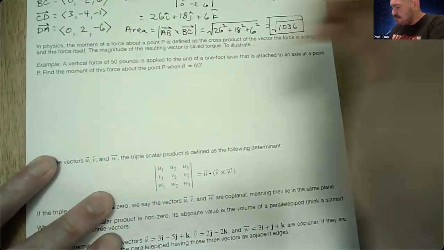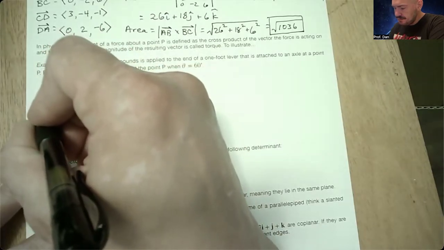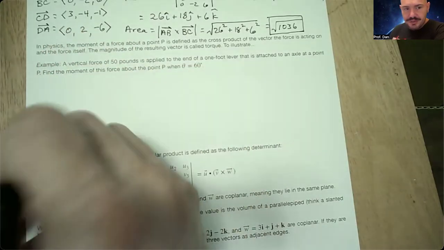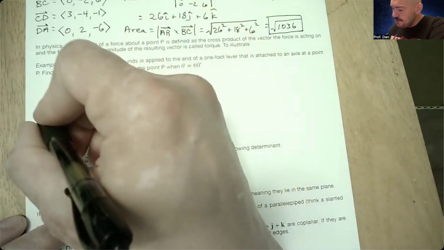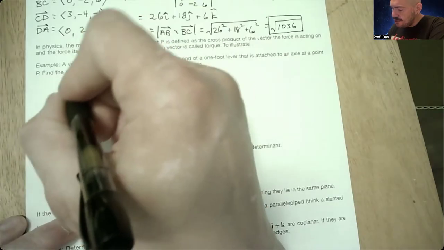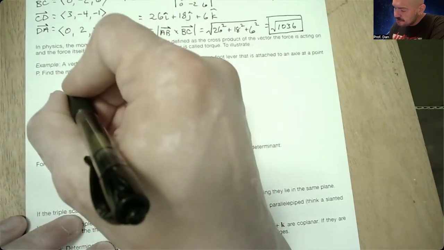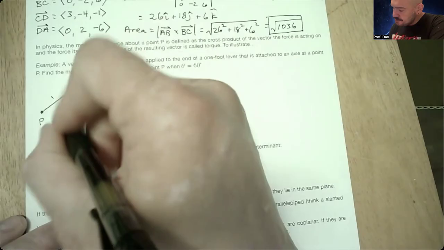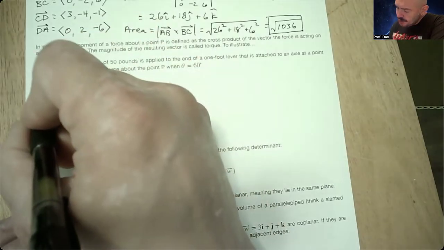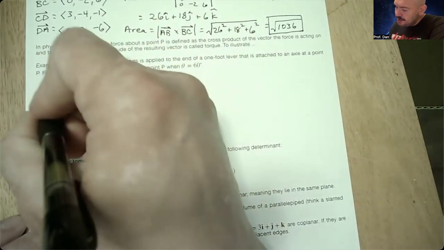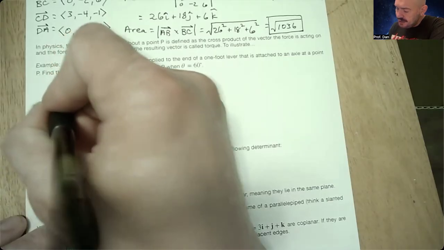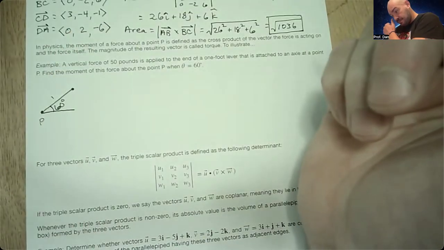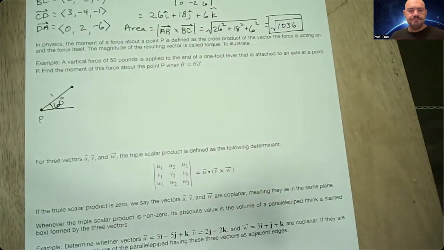So basically we've got our point P. We've got this lever that is 1 foot long. And we know that the angle made with the horizontal is 60 degrees.